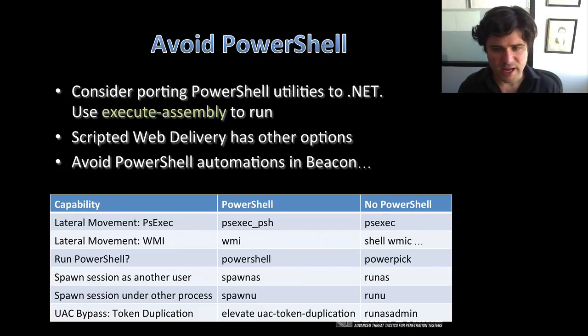What about WMI? Well, the WMI command in Beacon, which is automation for lateral movement, does use PowerShell. It uses PowerShell on the pivot beacon, and it uses PowerShell on the remote target to run your payload, or your payload stager even. You're not really stuck with that approach. For example, if I want to use WMI for lateral movement, I'm a big fan of doing lateral movement by hand. I always have been.